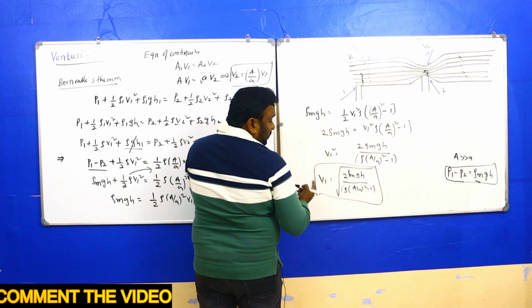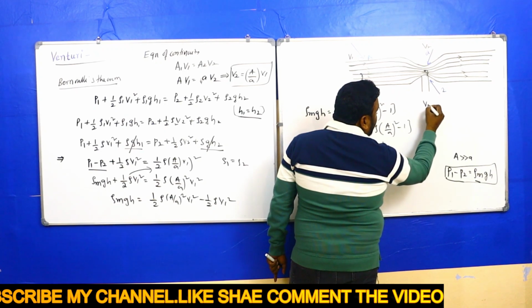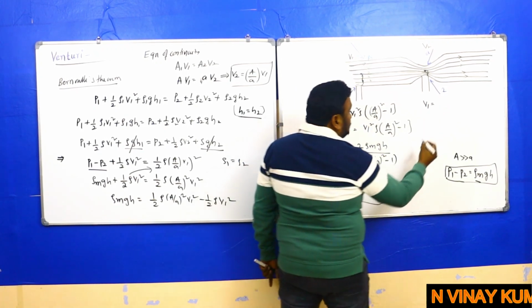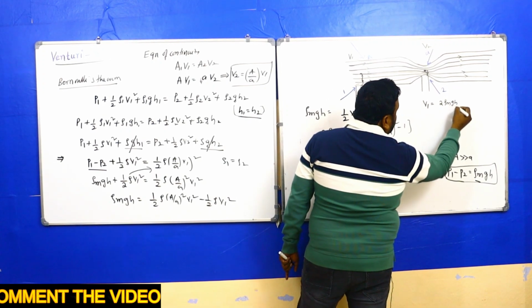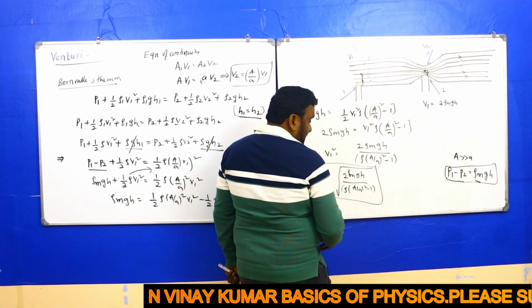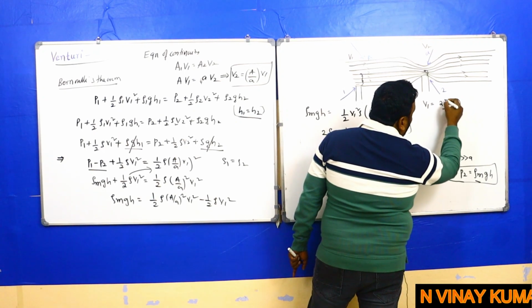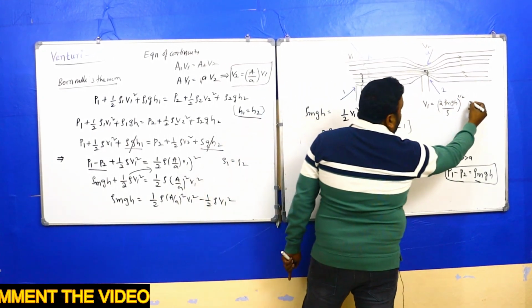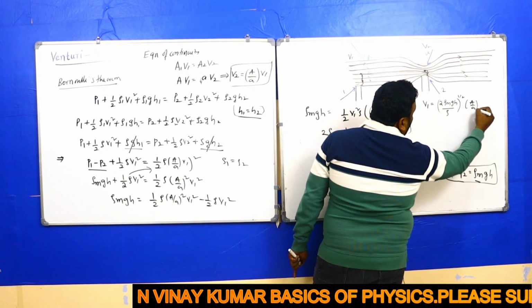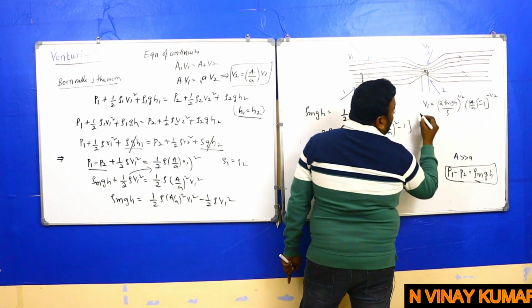This is the formula for the velocity of the fluid. This can also be written as V1 is equal to (2 rho m g h / rho) to the power 1/2, and ((A/a)² minus 1) to the power minus 1/2.